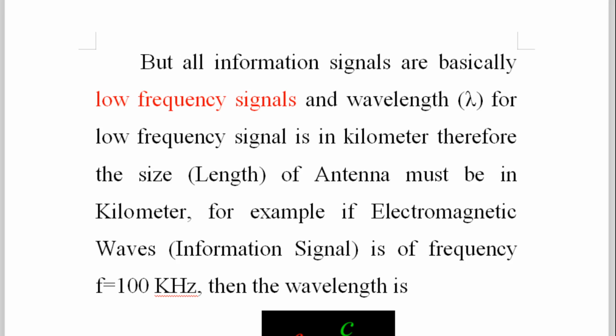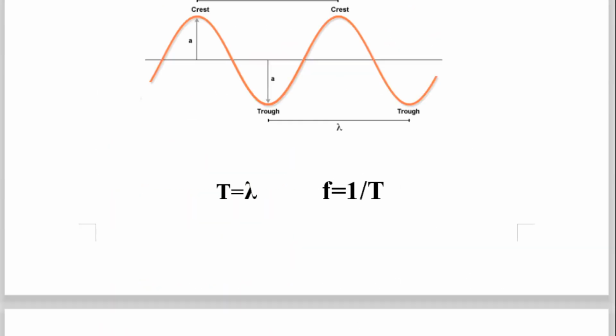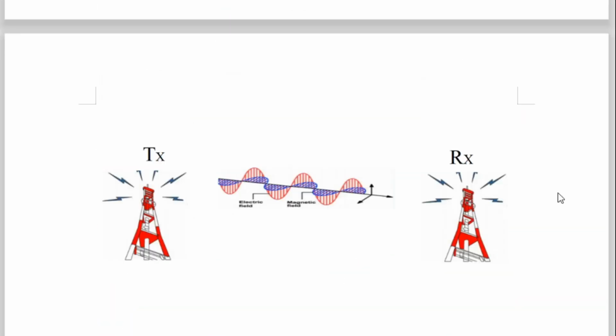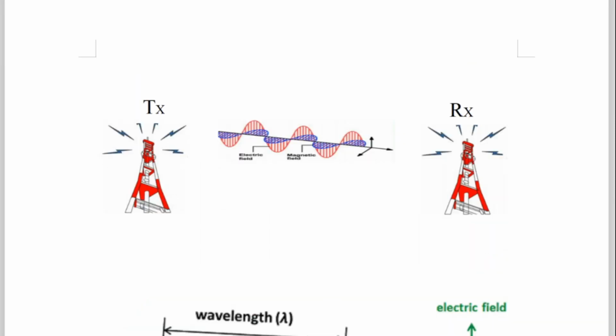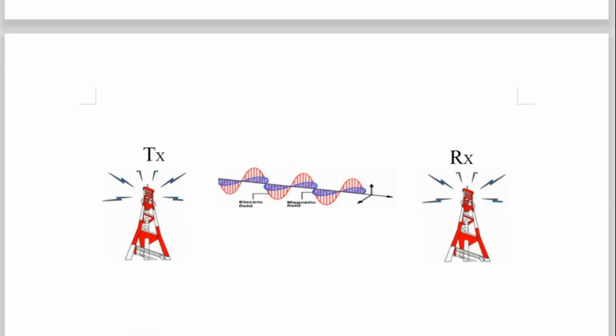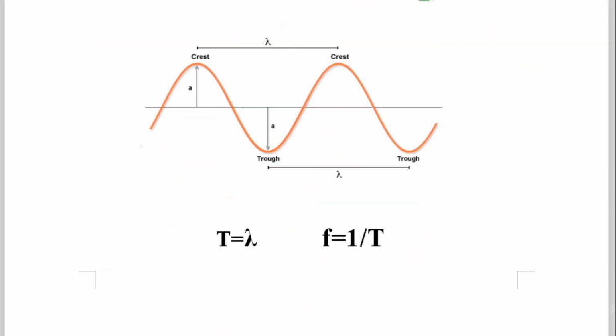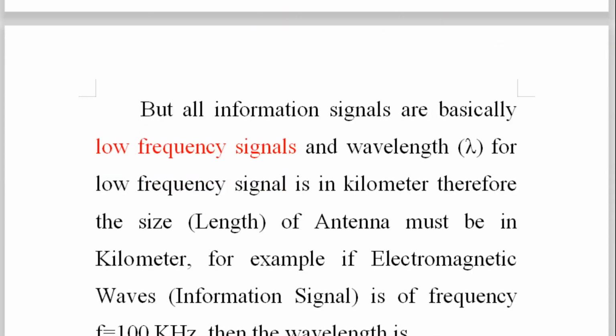So our problem is what? Our problem is that the length or the size of the antenna must be equal to the wavelength of the information signal, that is electromagnetic waves, and 99% or 100% the information signal is always a low frequency signal. In our first lecture we saw the voice frequency of a human being is a low frequency signal, 300 hertz to 3000 hertz.